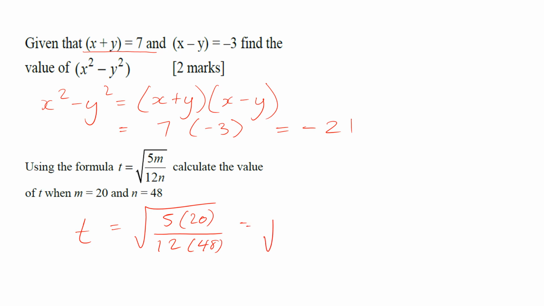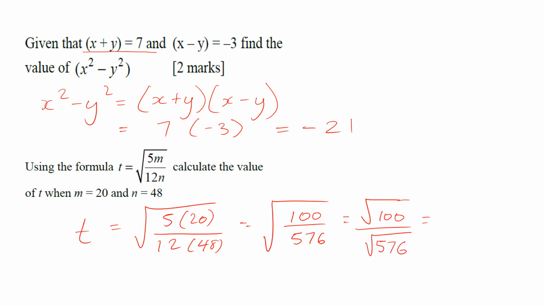Now guys, let's multiply. So it's 5 times 20, which is 100. Then 12 times 48, that is 576. Now guys, if you know your square numbers, you will notice that 100 is a square number and 576 is also a square number. So strategically, what I'll do here is to rewrite the question using laws of indices. That is, to rewrite it as the root of 100 all over the root of 576.